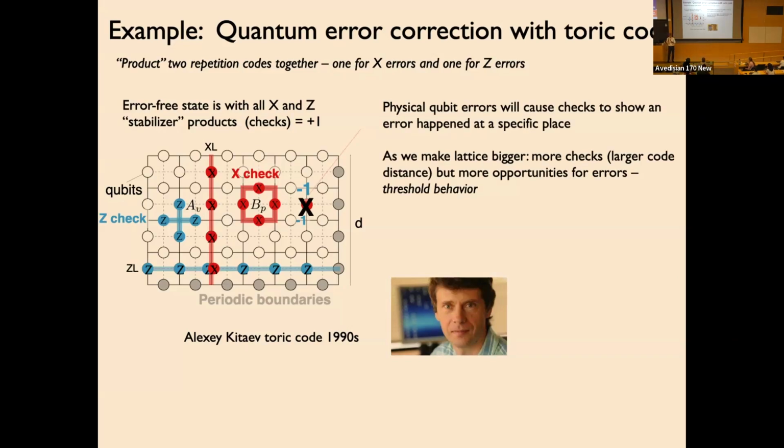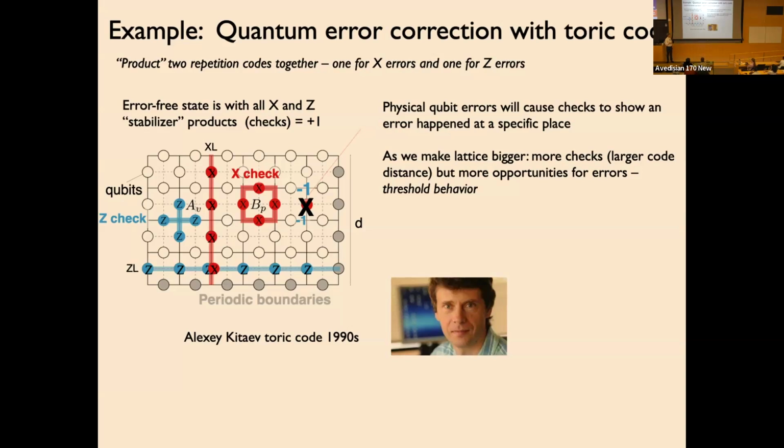And so if an error occurs at one place, you can very easily identify that here the bit has flipped, and you can go and either flip the bit by hand, or sometimes even just record in software that it occurred.